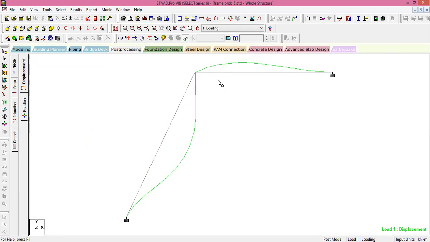Because there is only movement here in the horizontal direction, but you don't have any load to sustain. When you push this, definitely this beam will lift upward, because there is no load at all. Okay, so this is the elastic curve, and that's all for this video. Thank you for listening.